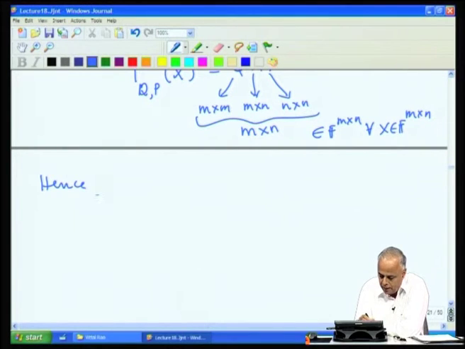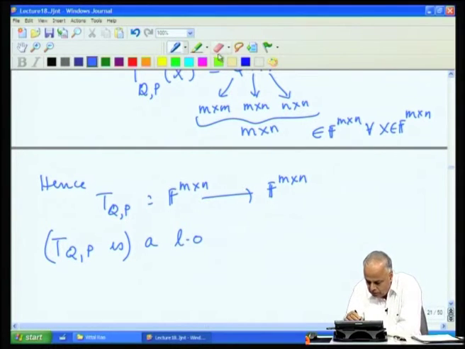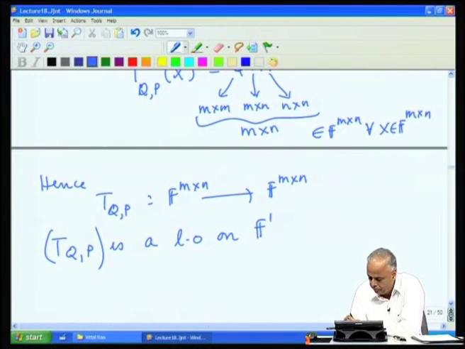Hence, T q p is a linear transformation from m cross n to m cross n matrices, and since it is a mapping and linear on the same vector space, T q p is a linear operator on F m cross n.